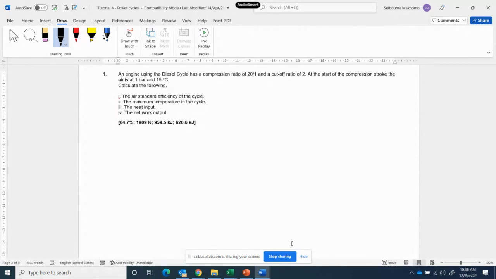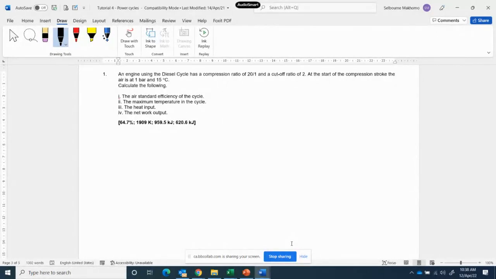So now the compression ratio is 20. In other words, V1 over V2 is equal to 20. Now the cutoff ratio is equal to 2. The cutoff ratio is the ratio of volume at 3 to volume at 2. In other words, V3 over V2 is equal to 2. At the start of the compression stroke, the air pressure is 100 kPa and 15 degrees Celsius.